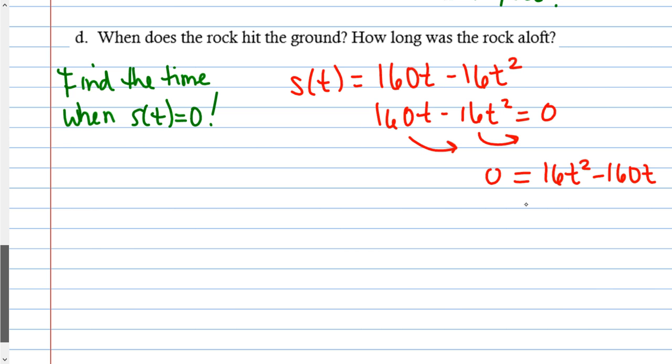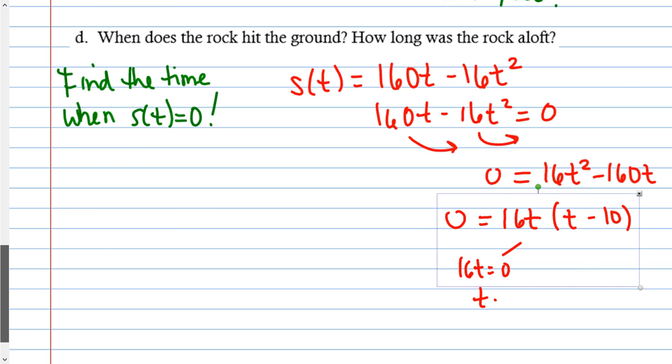The greatest common factor is 16t, which leaves t minus 10. So I have 16t equals 0, which means t is 0, or t equals positive 10. So there are my times.